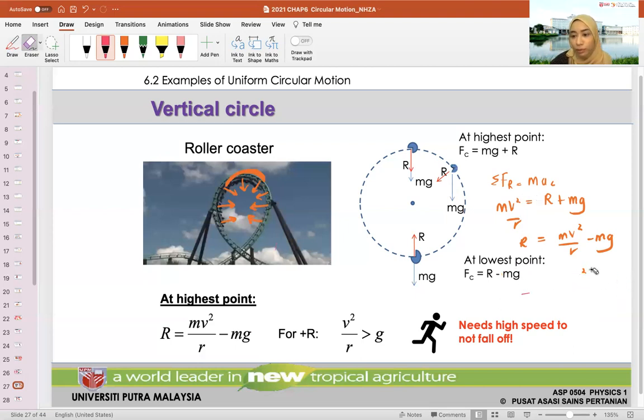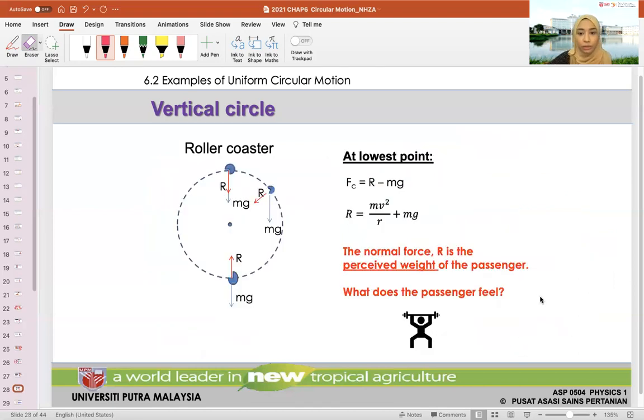So at the lowest point pula. At the highest point for positive r, v squared over r needs to be greater than g, needs high speed to not fall off. Okay, what about at lowest point? Lowest point, our head is, I wouldn't say head lah, kita tengah duduk kan, so our normal force is this way, tapi saya selalu fikir kepala je.